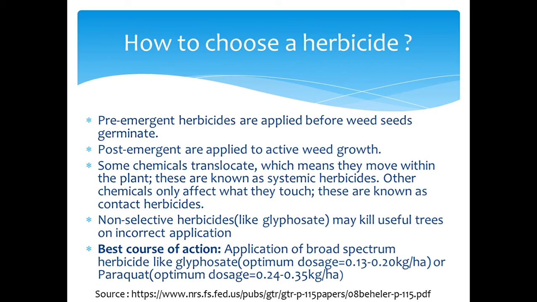Systemic herbicides translocate within plant systems and can have a very hazardous impact on soil and irrigation system, water of the area, but contact herbicides only affect the areas of plant in which they come in contact with, so they are generally more widely applied.